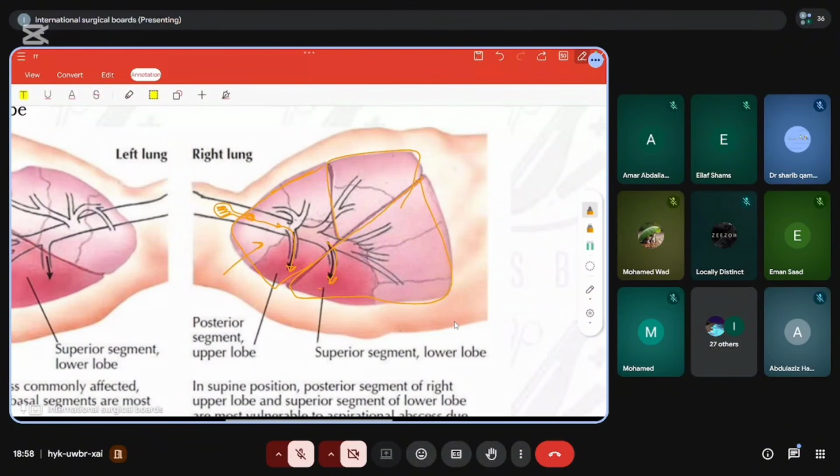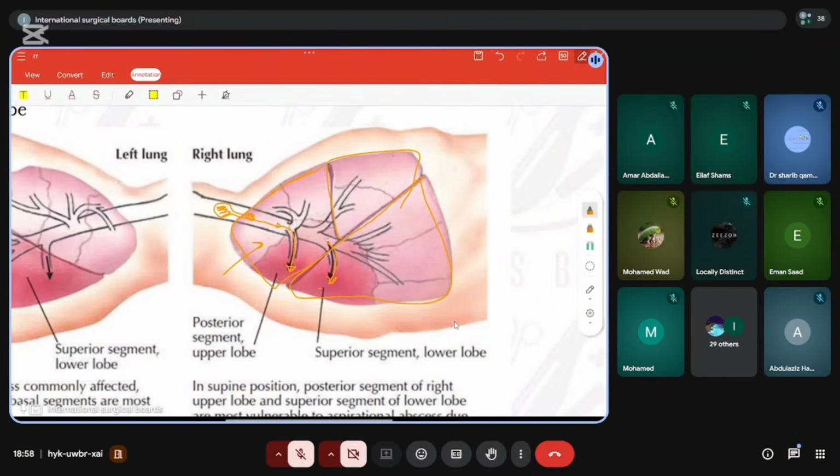In the supine position, the two most likely locations are posterior segment of upper lobe or superior segment of lower lobe. Out of these two locations, the superior segment of lower lobe is more likely. So they can ask you even in the detail, okay? They tell you lower lobe inferior segment, lower lobe superior segment. Now you know. It is lower lobe superior segment.